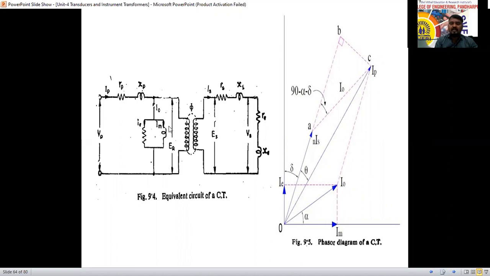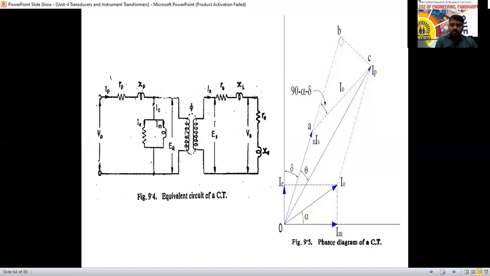Whatever connecting leads and connectors are there have some resistance, for that reason RE we have used, the burden we are going to call. And the exciting branch we are going to use, that is IM, the current flowing through the magnetizing branch, and the current flowing through the external resistance is IE, and the summation of these two is nothing but I0 here now.